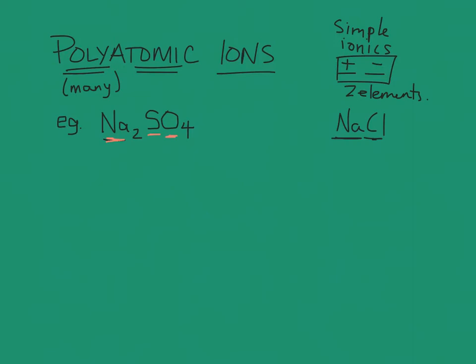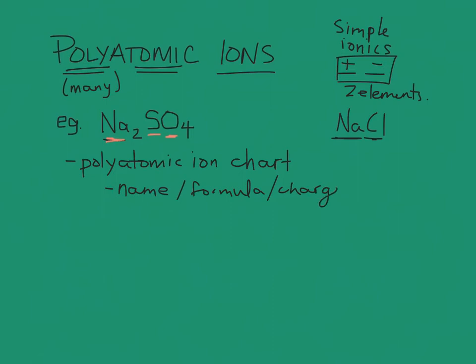So when you think about this, now you have to start looking at the polyatomic ion chart. The polyatomic ion chart will give you the name of the polyatomic ion, the formula for the polyatomic ion, and its charge. Okay?